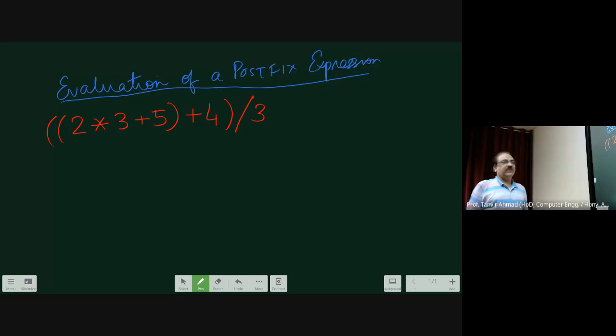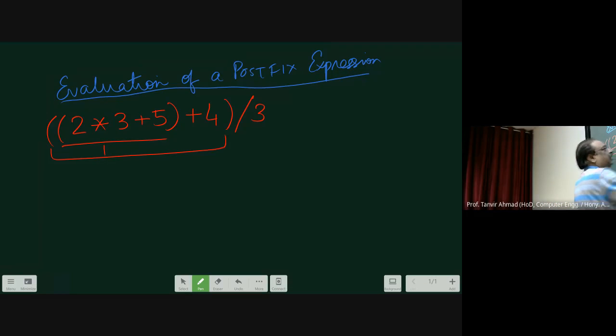Now this is an infix expression and I want to convert it manually into a postfix form. Now you know that first of all I have to do this bracket. Therefore this is the first one I will do. Then I will take this bracket, second one, and then I will do the third one.